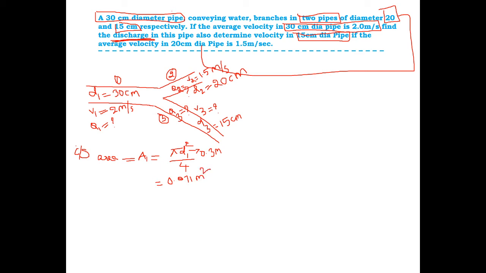Clear? Next, velocity you know, that is 2 meters per second. Discharge, how much discharge? Q1 is equal to A1 V1, that is equal to 0.071 into velocity 2 meters per second.